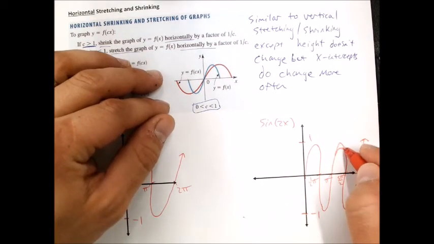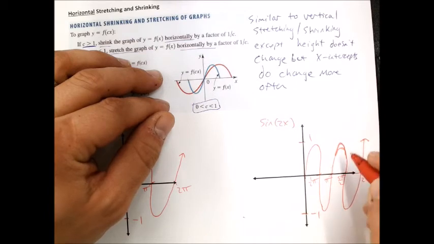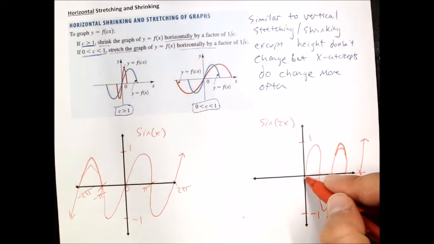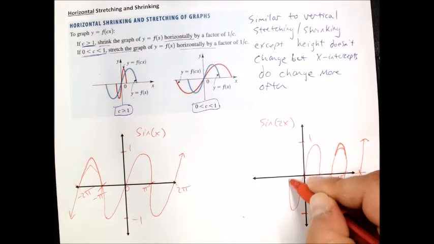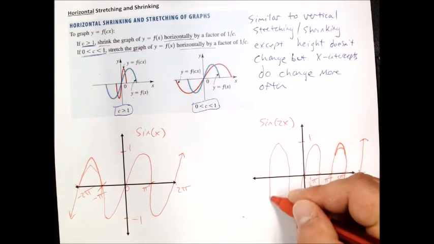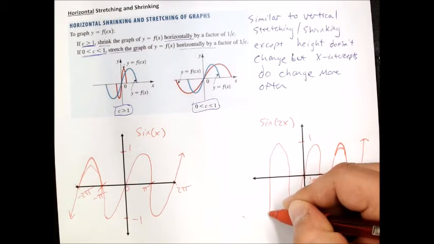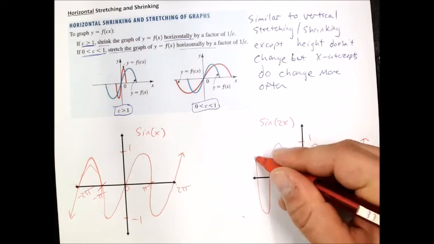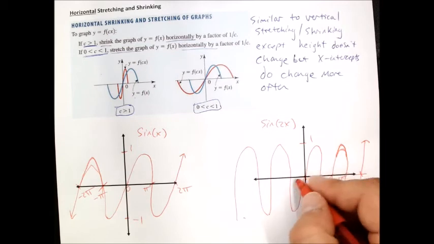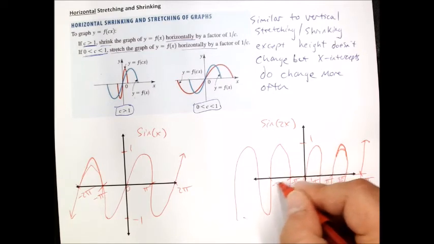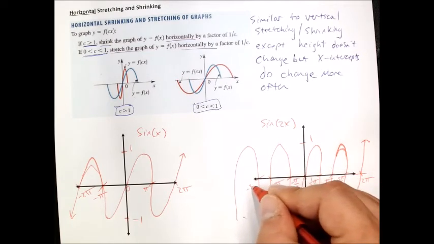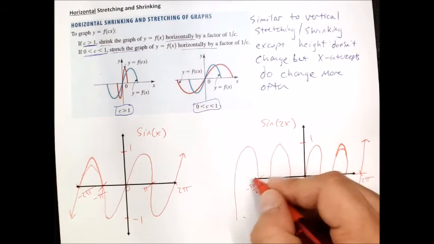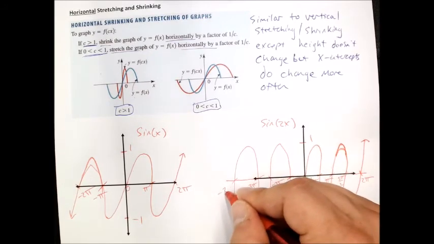Try to make sure your graph goes to plus or minus 1. I didn't do the best job of that. And the same thing happens on the left-hand side too. So we have a situation like this. So this would be minus 1/2 pi, minus pi over 2, minus pi, minus 3 pi over 2, minus 2 pi.